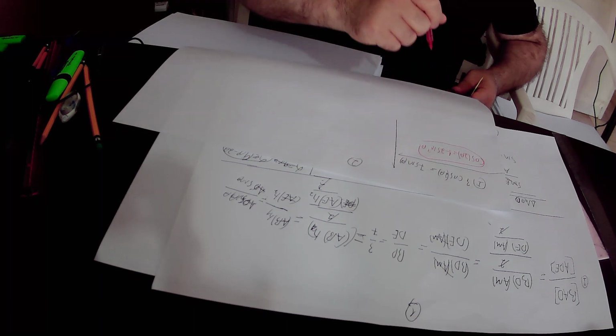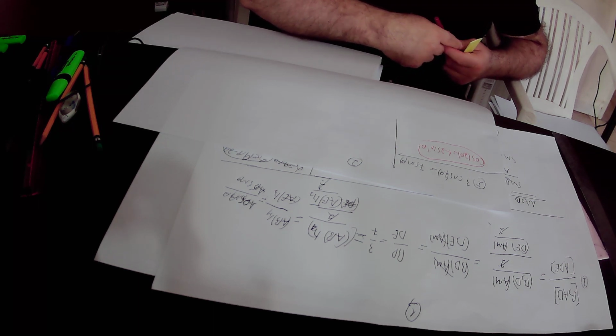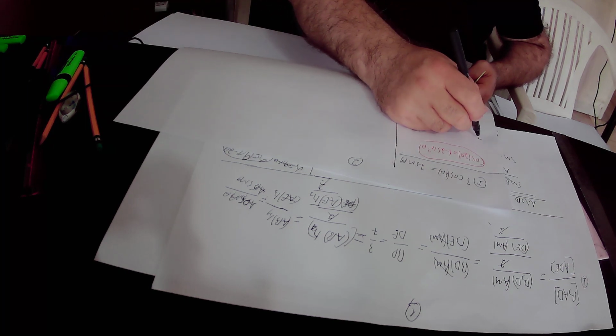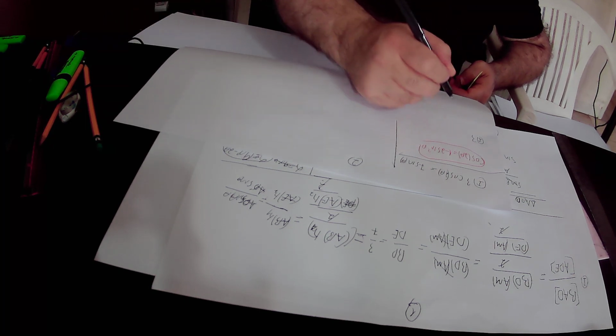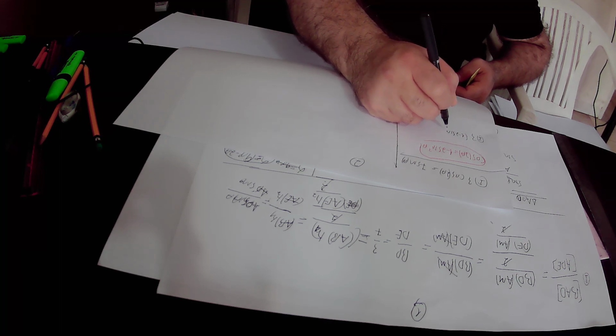So according to this trigonometric identity, 3 times cosine 2 theta is actually 3 times 1 minus 2 sine square theta.